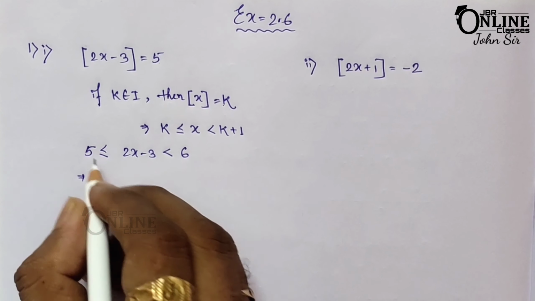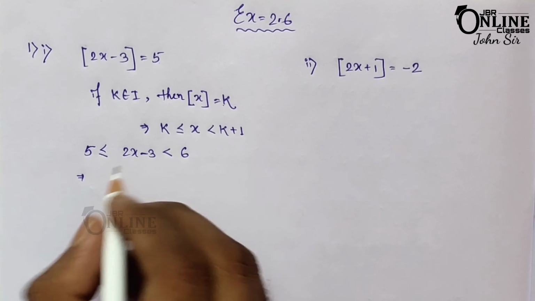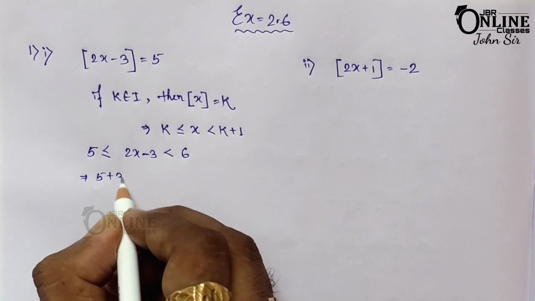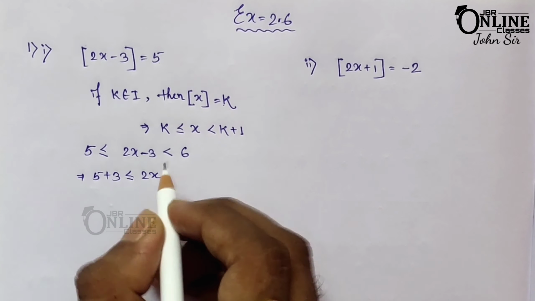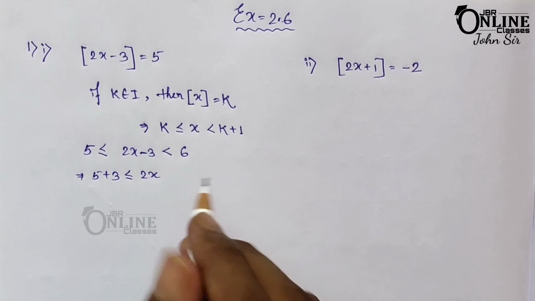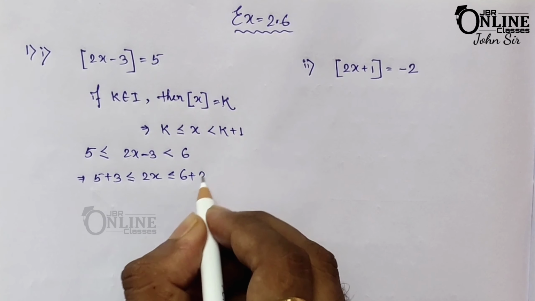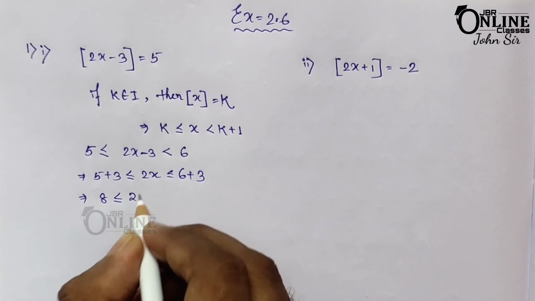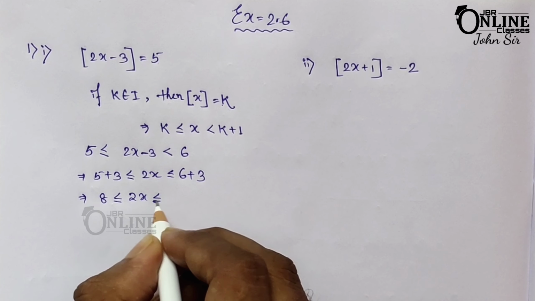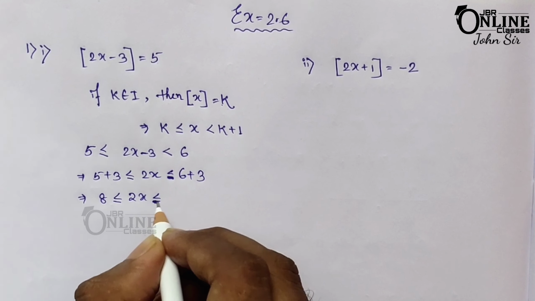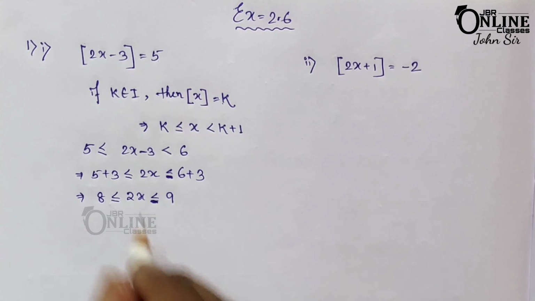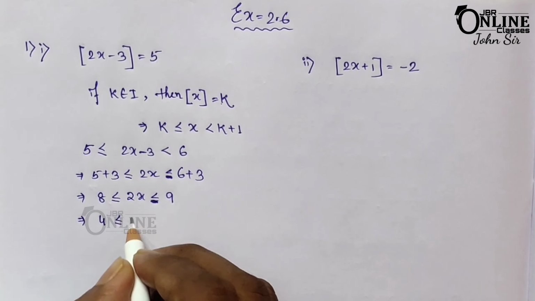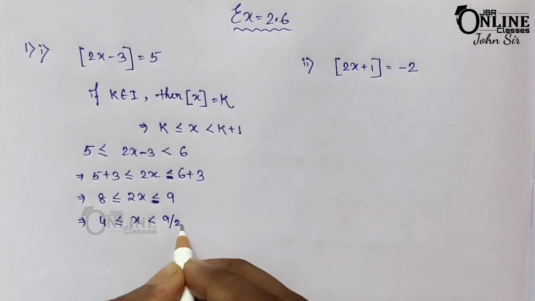Okay, now next, if you add 3 to each and every one, it will be now 2x only, because minus 3 plus 3 becomes 0, and 6 plus 3. So now it's 8 less than or equal to 2x less than, it's only less than, not equal to, 9. Now divided by 2 you will get 4 less than or equal to x less than 9 by 2.